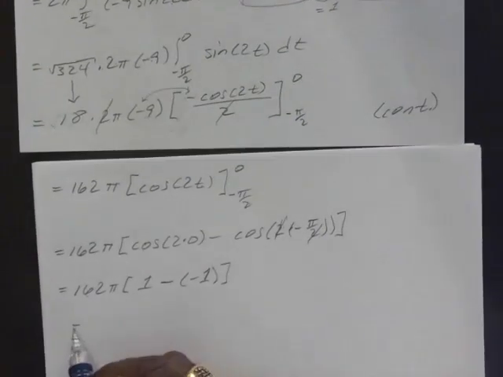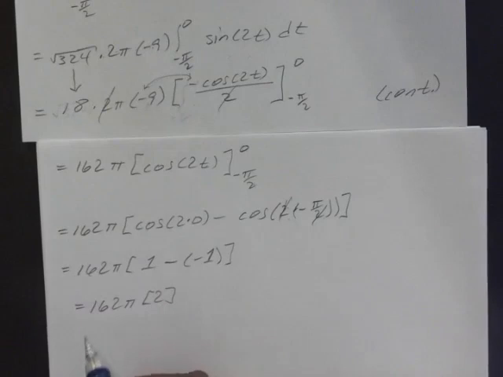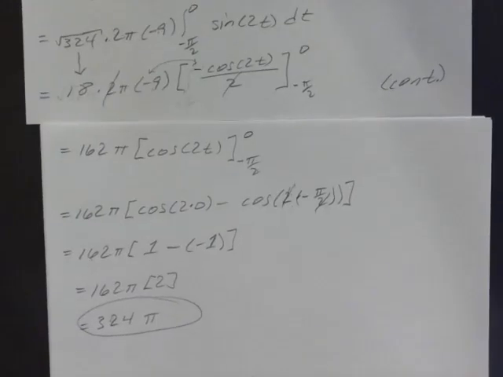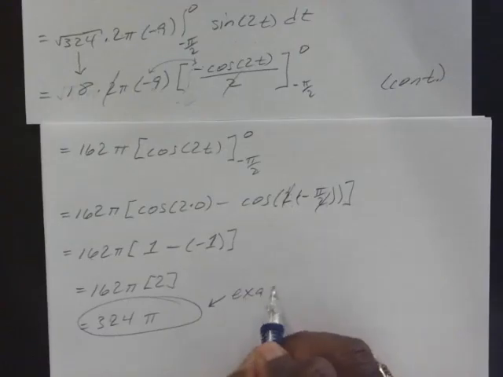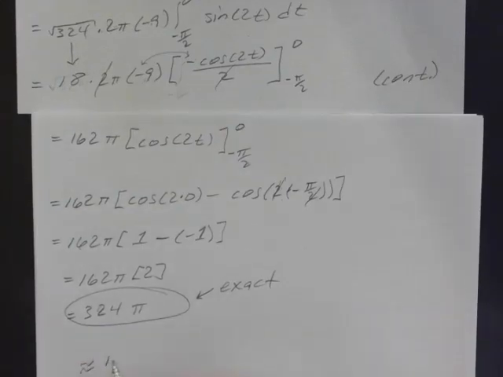Okay, so that just gives us 162 pi times 2, which is 324 pi. Which is your exact answer if they want the exact answer. But plug that into your calculator, and you should get approximately 1017.88.